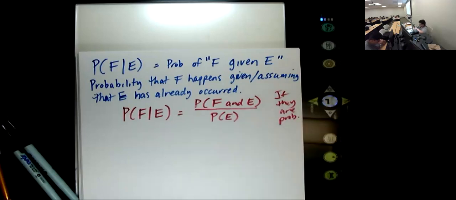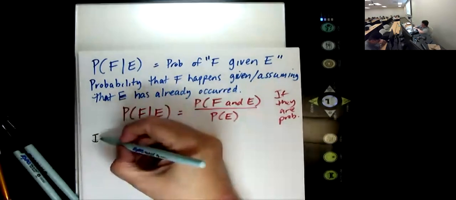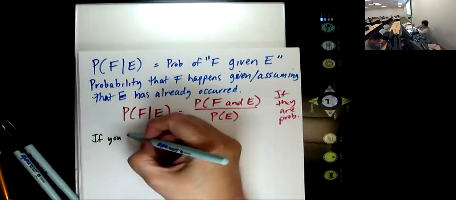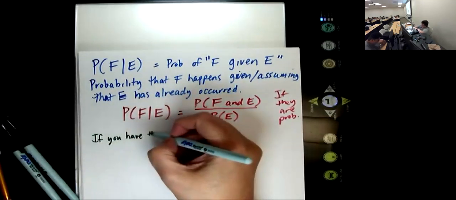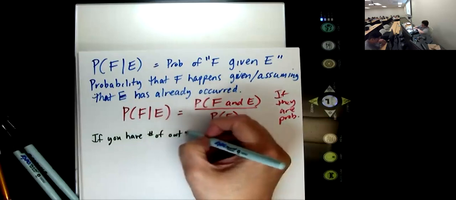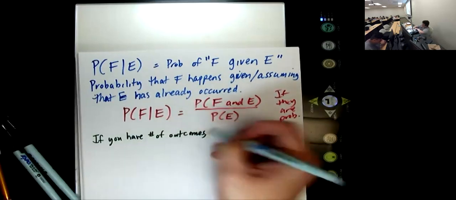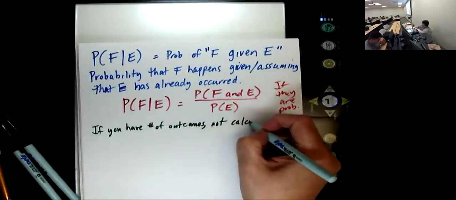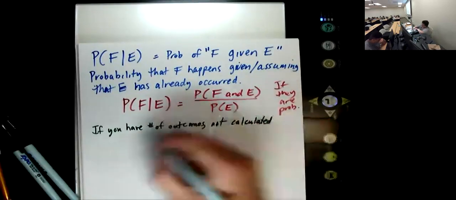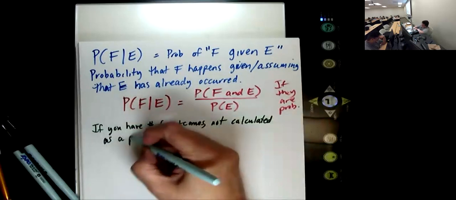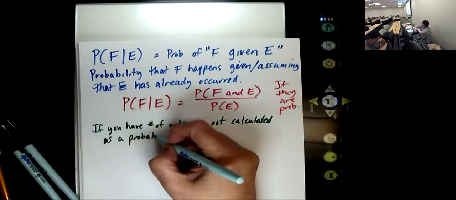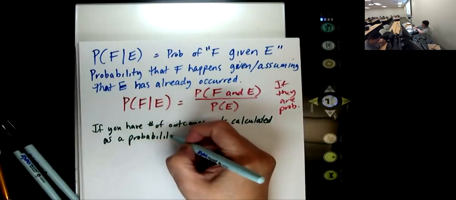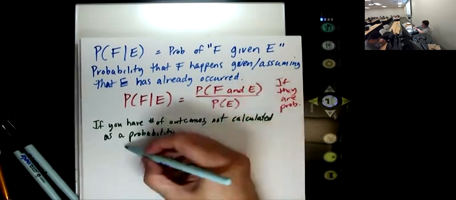If you have the number of outcomes and not calculated as a probability, I actually think it's a little bit easier. It's the same formula almost word for word.